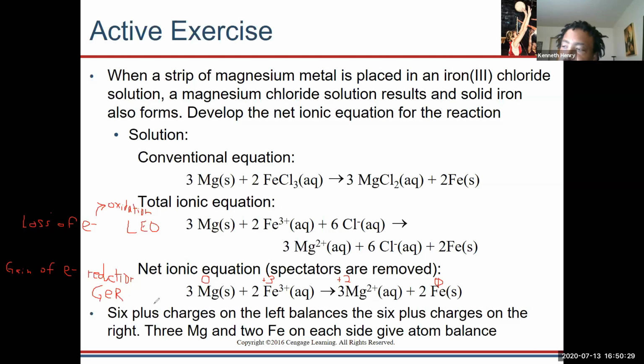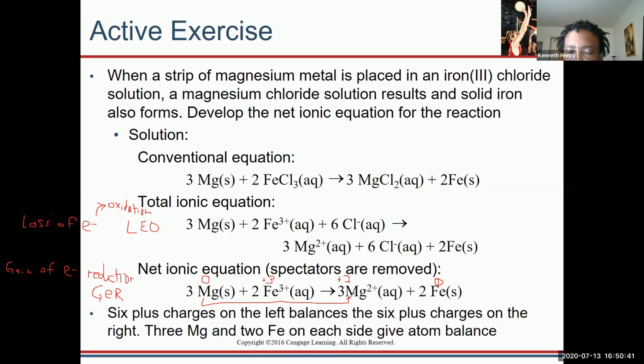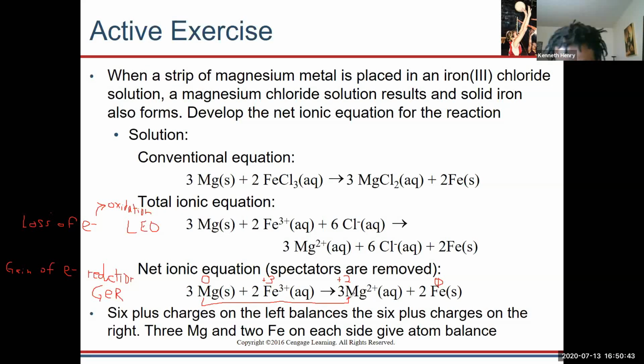Okay, so if I'm going from 0 to +2, is that going to be oxidized or is that going to be reduced? Are we gaining electrons or are we losing electrons?